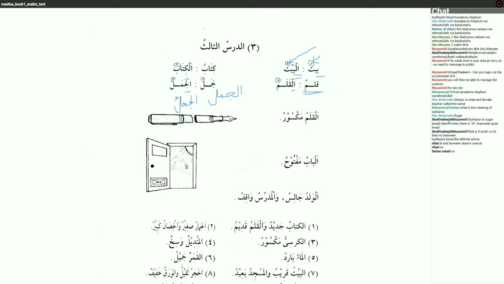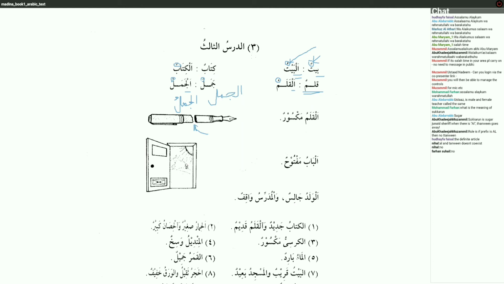Second rule, that when you want to, now you are telling us about a specific object, a specific house, or a specific kitab, a specific qalam, or a specific jamal. Now you're going to tell me something about that thing. For example, look at a picture. Something wrong with this pen.